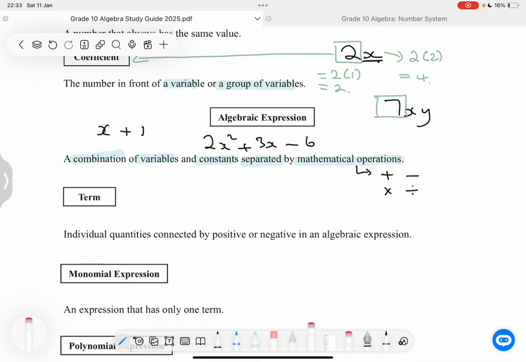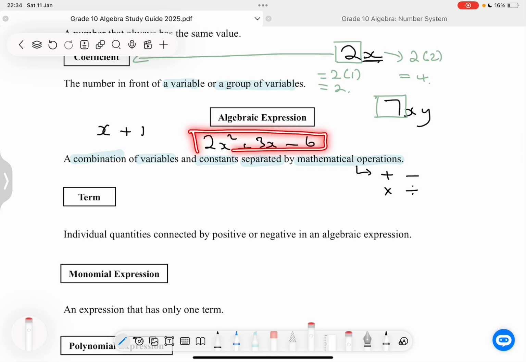Do you see that we have a variable here? Well, we have a variable x squared here that has a coefficient of 2, right? And this is separated by a plus here. Then we have another variable here, x, with a coefficient of 3, and they are separated by a negative in this case.